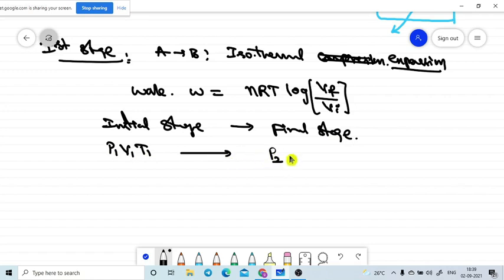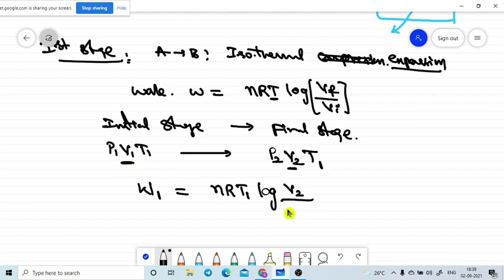P2, V2, but T1 again. That is very important. So this is the isothermal process. The first stage work done I denote as W1. W1 is equal to nR T1 log of the final volume V2 over the initial volume V1. This is the formula for the first stage. Let me call this equation number 1.